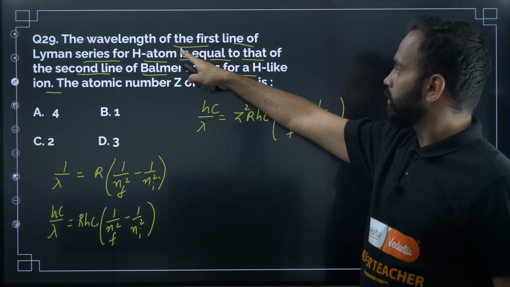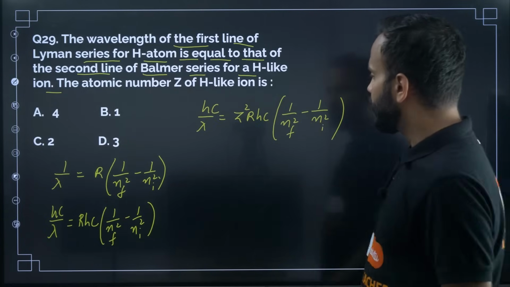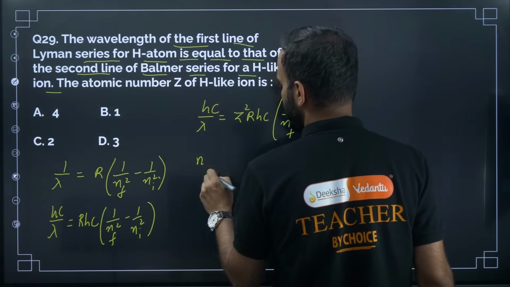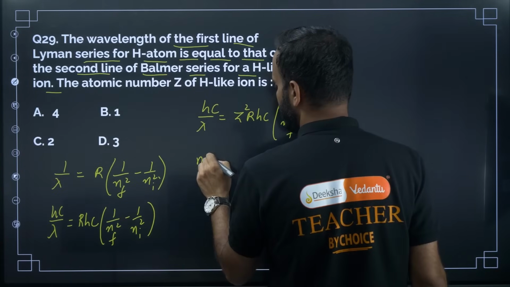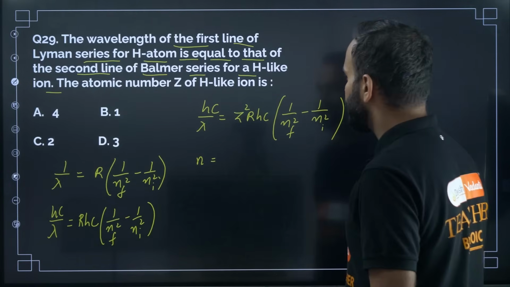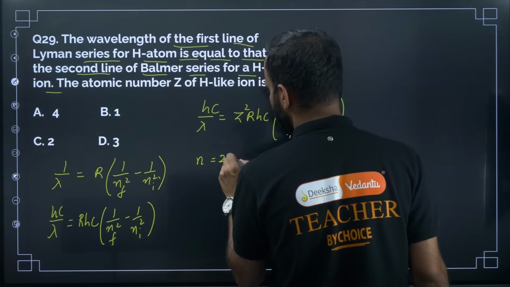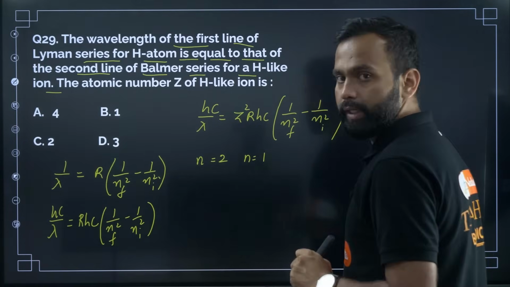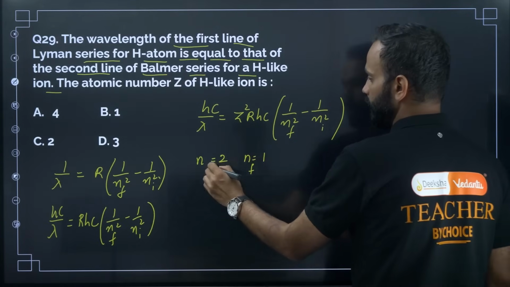So in first line of Lyman series, electron makes transition from n equal to 2 to n equal to 1, right? So this is Nf, this is Ni.